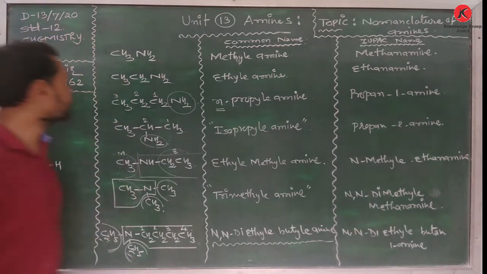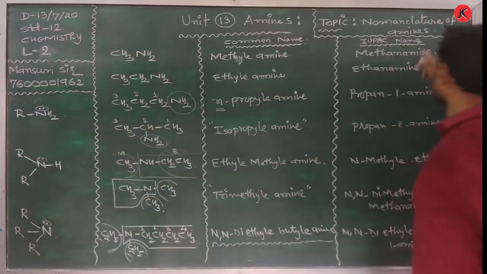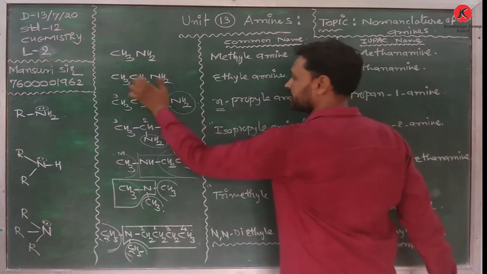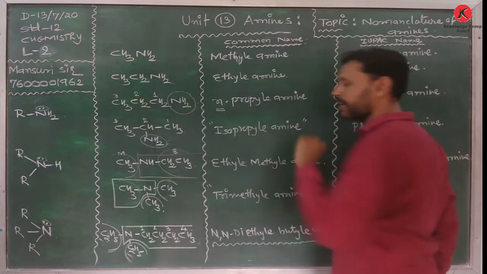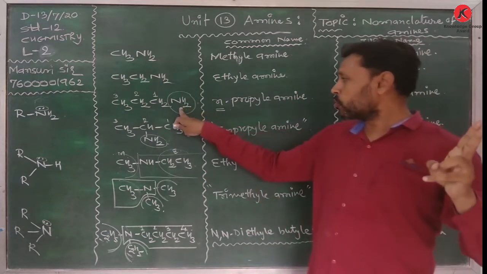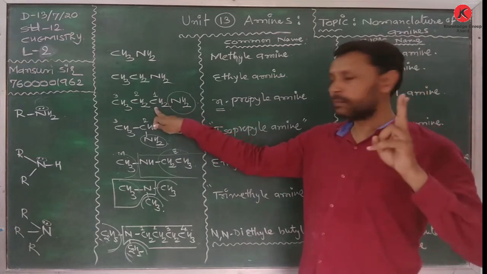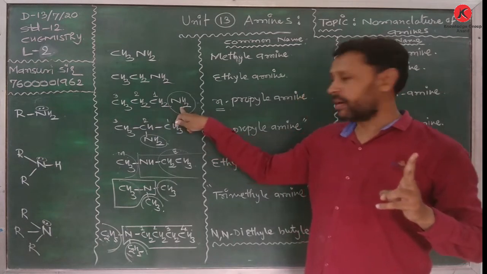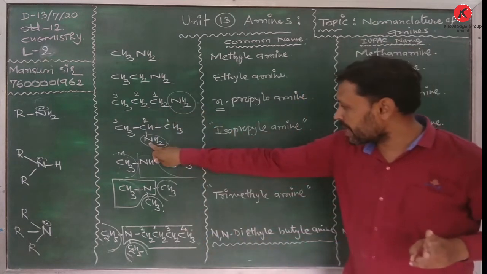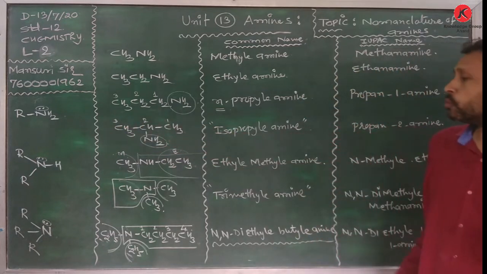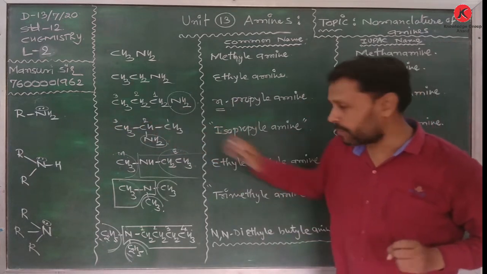Repeatedly we will see all these IUPAC names. This is methanamine, this is ethanamine, this is propanamine, but when the amine group is attached to the first carbon, it is propan-1-amine. Thereafter, when the amine is attached on the second, we say propan-2-amine.